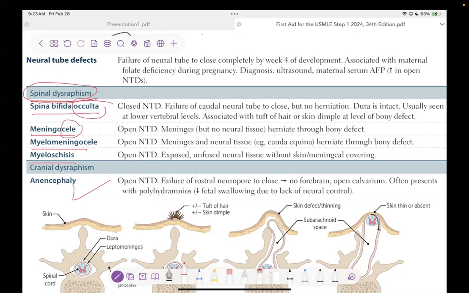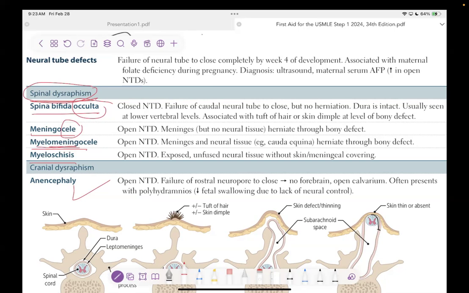Whenever we say meningocele, it means that the meninges, which are the cover of the brain and spinal cord, are inside the bag. There is skin above that and the meninges come out, right? This is meningocele. And myelomeningocele means meninges with some neural tissue in a bag.